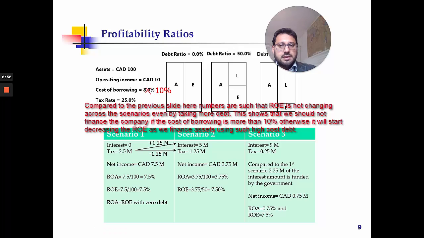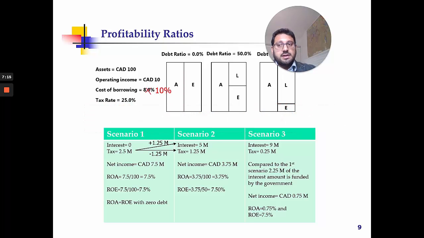And we can see that with an example. Why? Because if we have more debt, it means that the after tax cost of debt will be more than the return on asset when there is zero debt. So let me show you with the numbers in the Excel file.